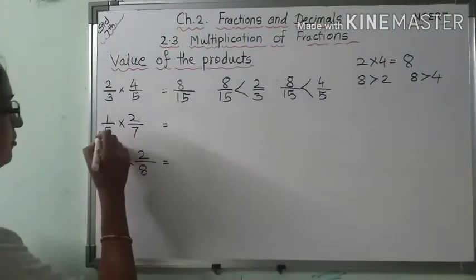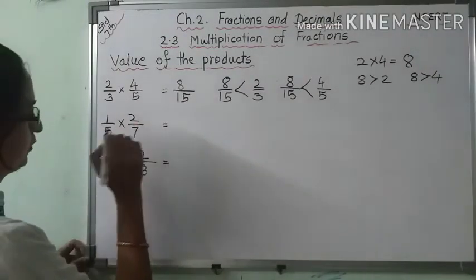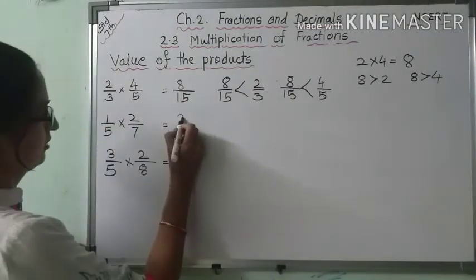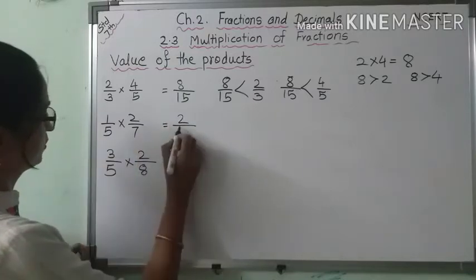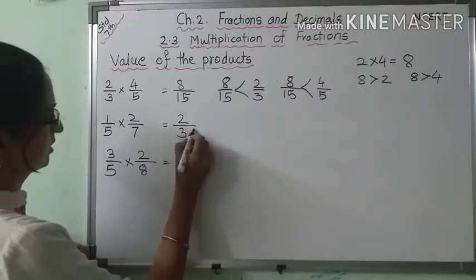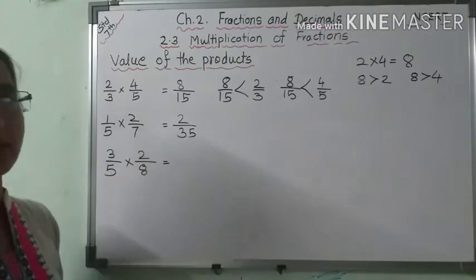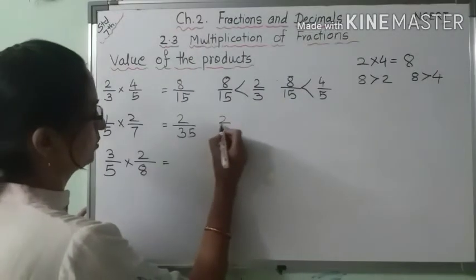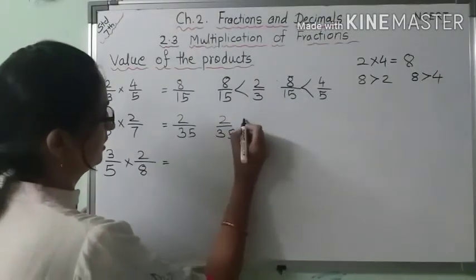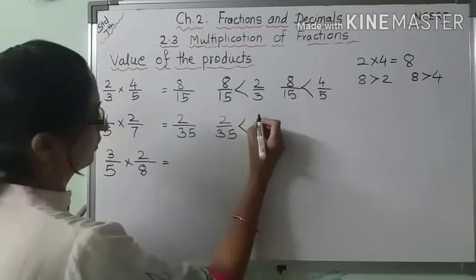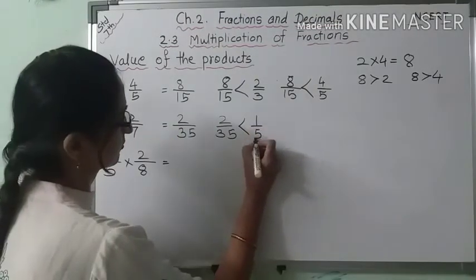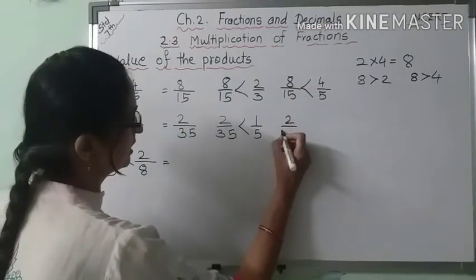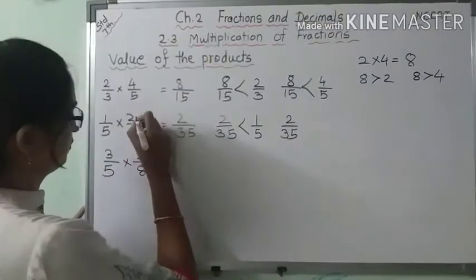Now the next sum is 1 upon 5 into 2 upon 7. 1 twos are 2, 5 sevens are 35. 2 upon 35. Here also 2 upon 35 is less than 1 upon 5. It is also less than 2 upon 7.